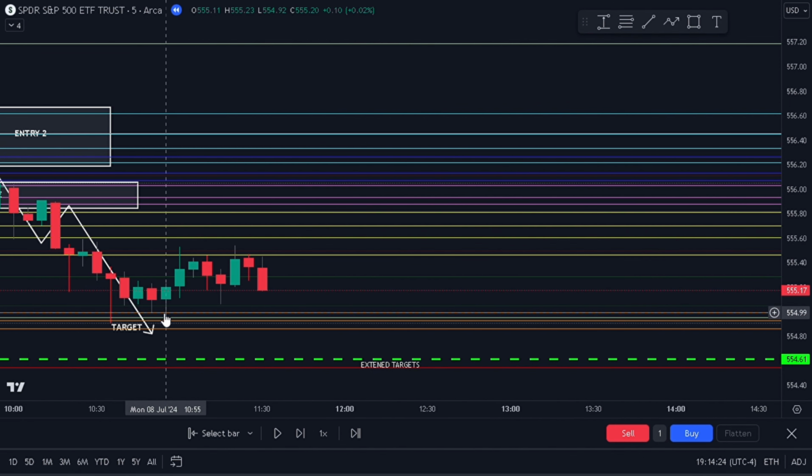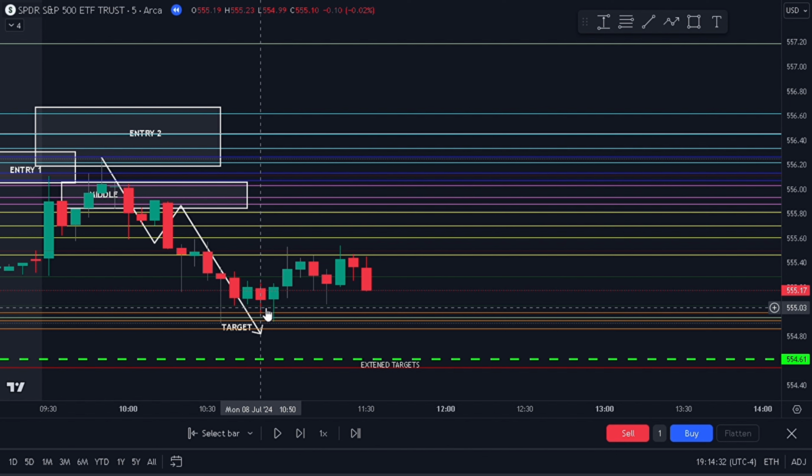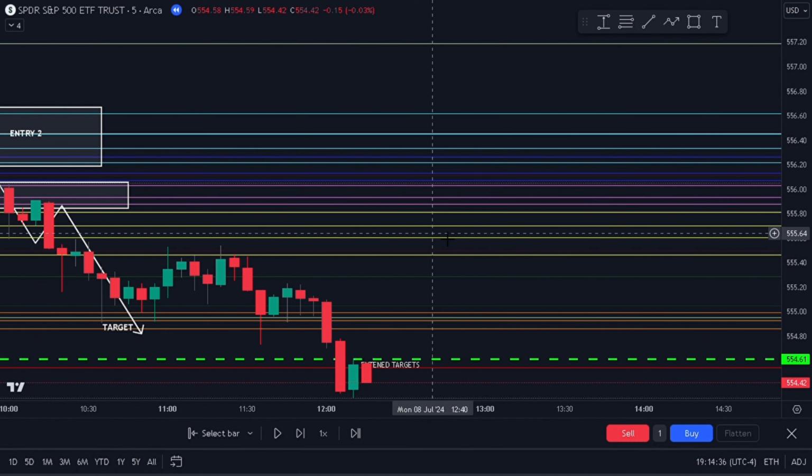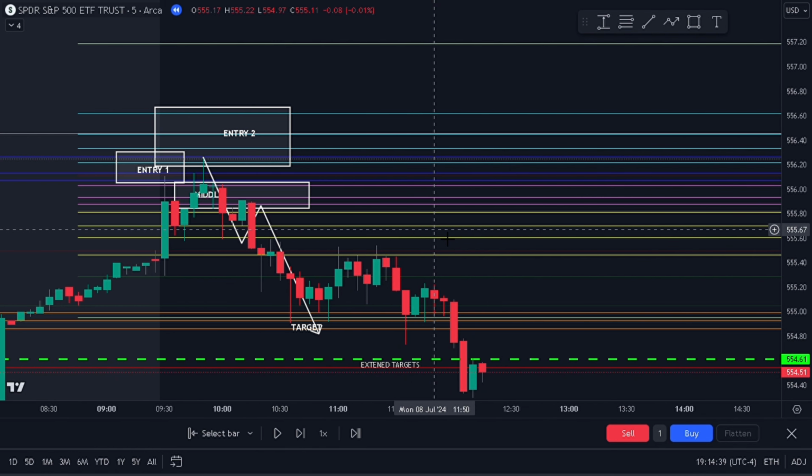So trim 80% and leave some runners for the extended. And there you go. Imagine if you bought calls here. It's not a horrible play because it still went, but how much better would it have been if you were to just buy it at entry 1 or entry 2's overlap?